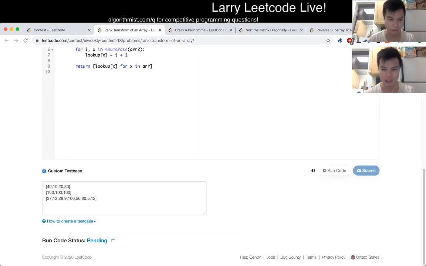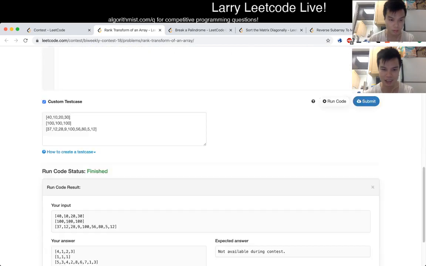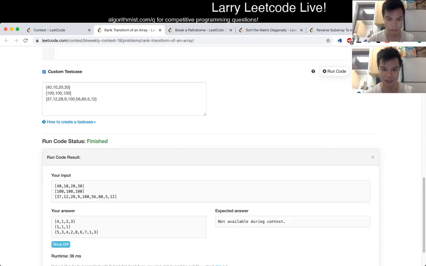Oh yeah, I forgot to sort the original array, obviously. And then after I did that, I was like, okay, this is easy. This is good.